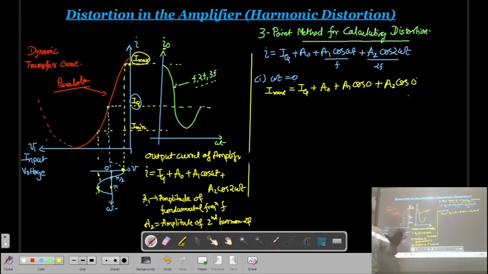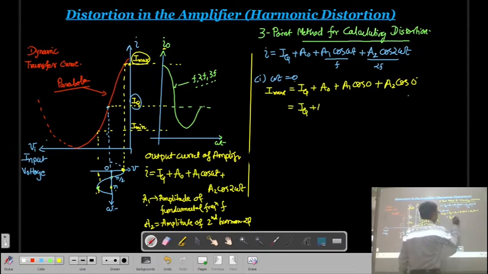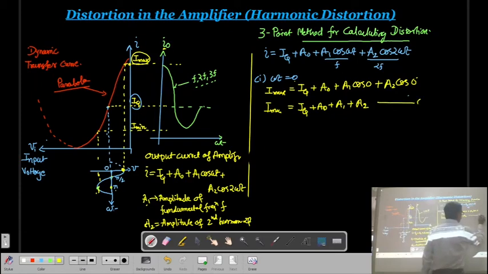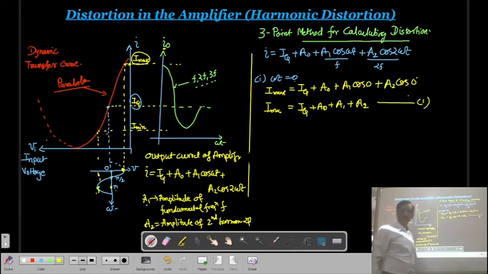Correct? So my expression will be IQ plus A0, cos 0 is 1, plus A1 plus A2.